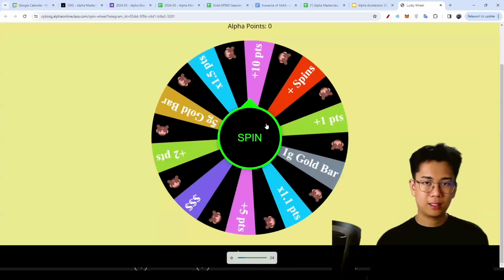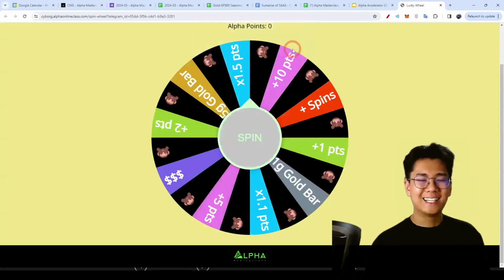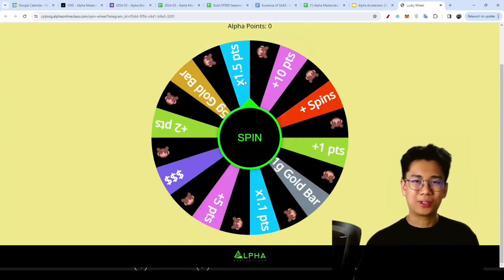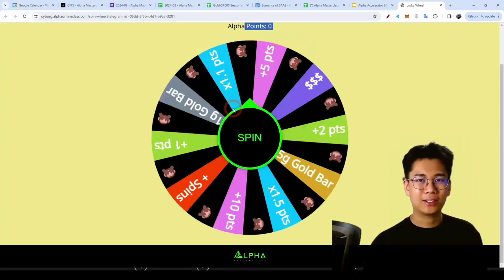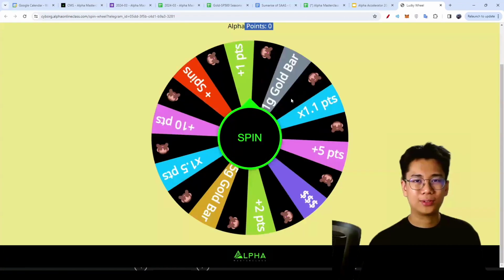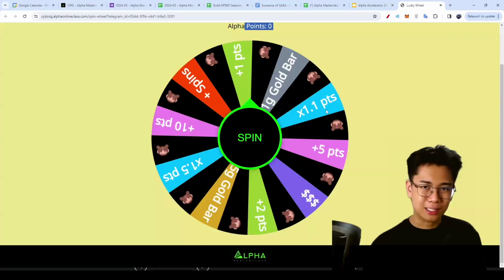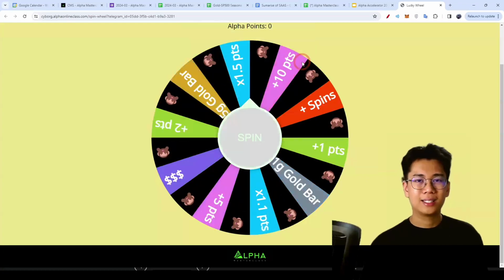So this is just a bit of fun. You can spin for the gold bar, spin to get your points. Later you can use your points to generate a gold bar as well, or use them to multiply your points. You can just play around with this.